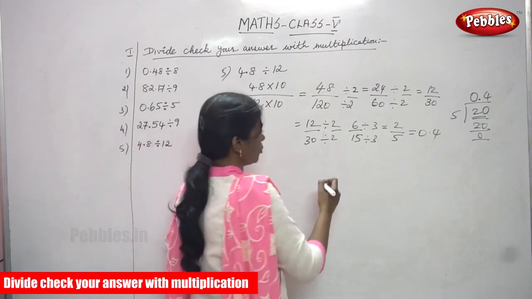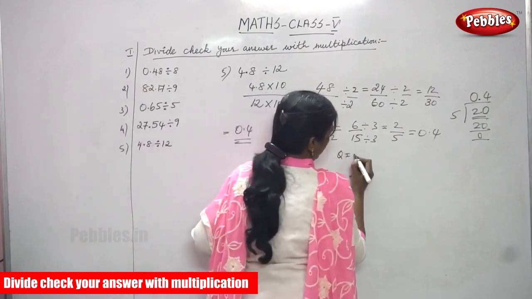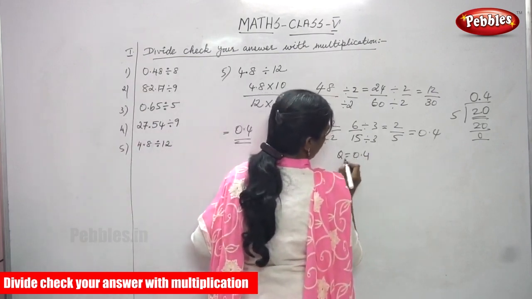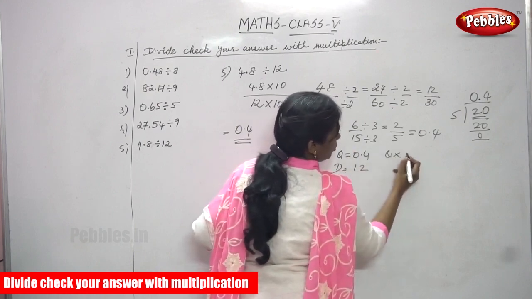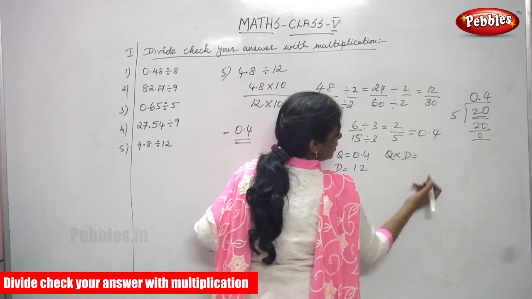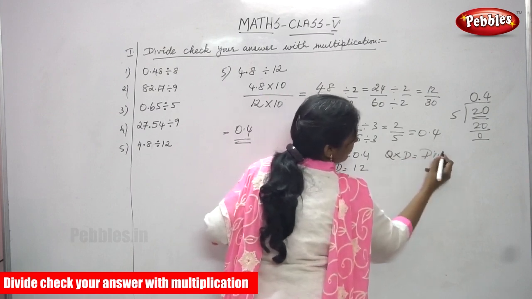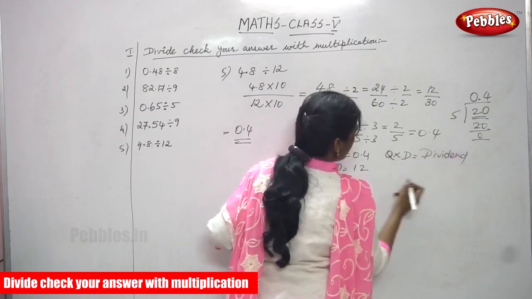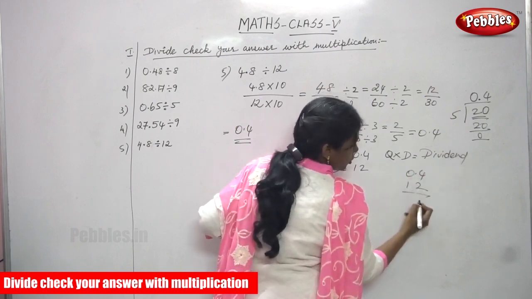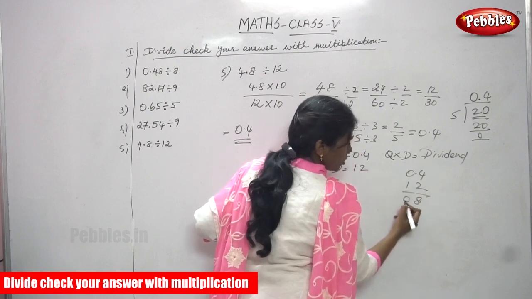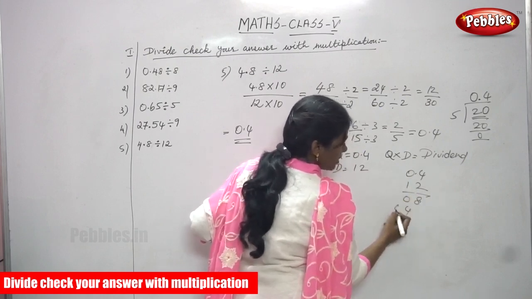So quotient with divisor: quotient is 0.4 and divisor is 12. So Q into D, you can get the dividend, D-I-V-I-D-E-N-D. Dividend is 0.4 into 12. So 4 2s are 8 and 2 0s. 1 4s are 4, 1 0 0.